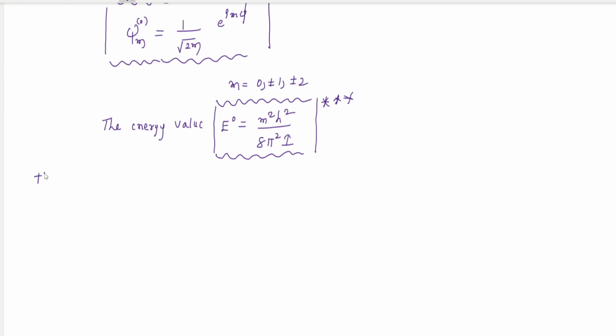So the term minus mu e prime cos phi is the perturbed Hamiltonian, right?